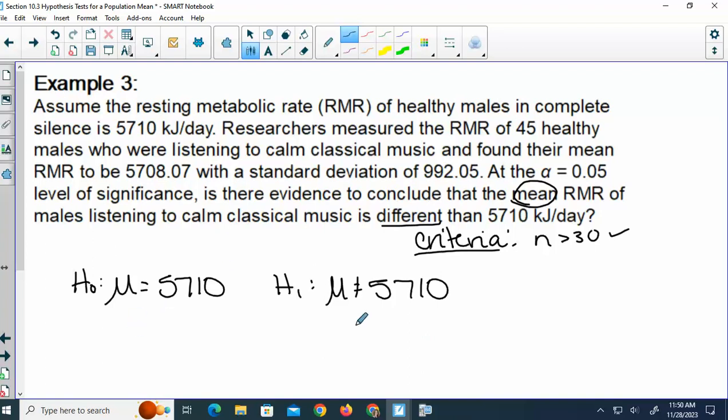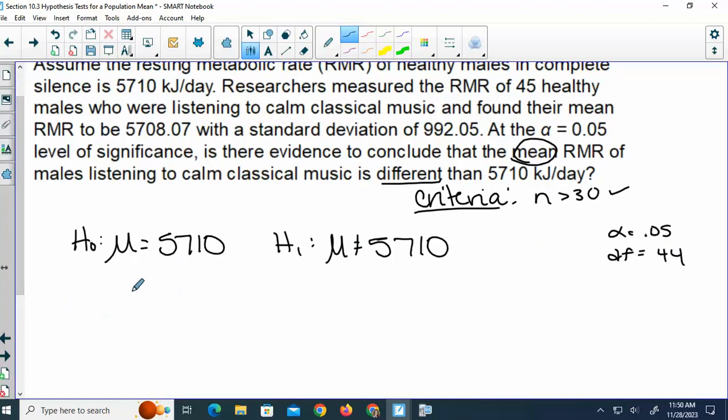All right. Just kind of a note over here. What is my alpha level? How many degrees of freedom do we have? All right. So now we need to find our t statistic. So that's x bar, the mean of our sample.